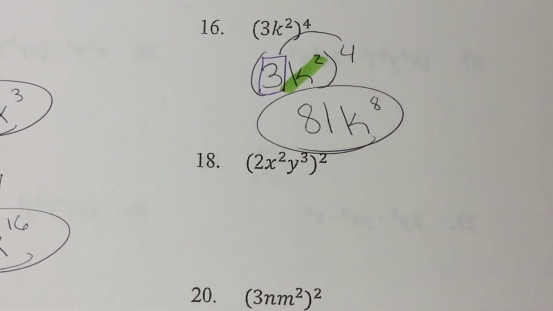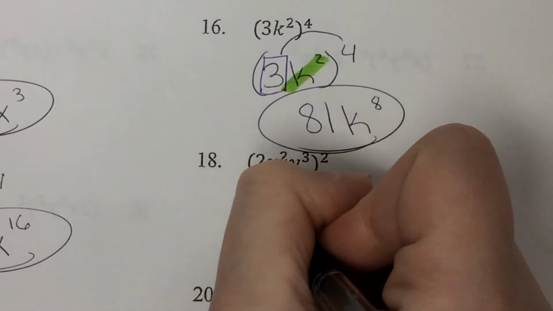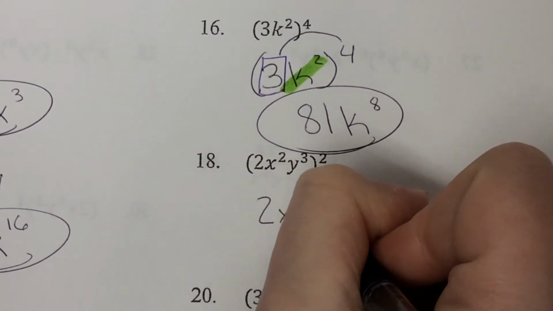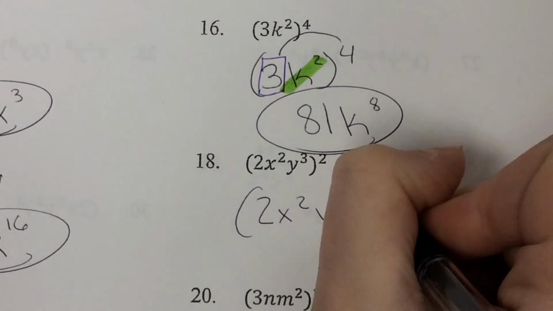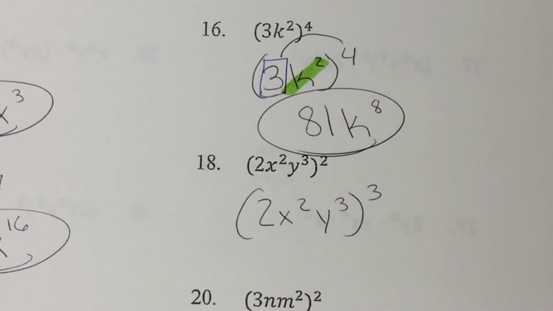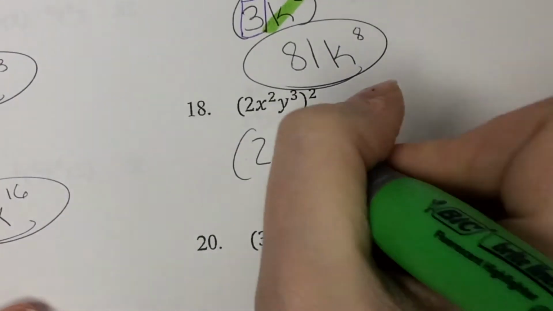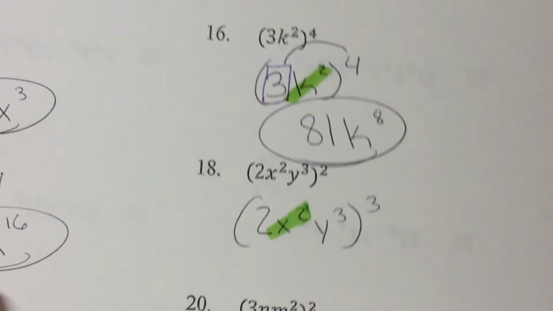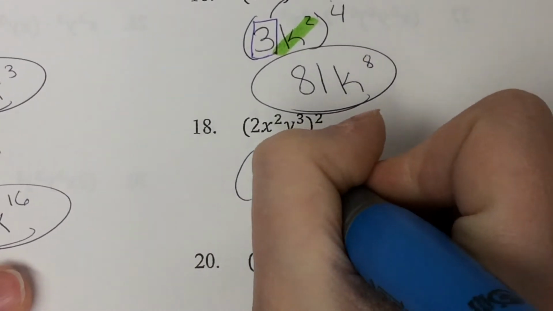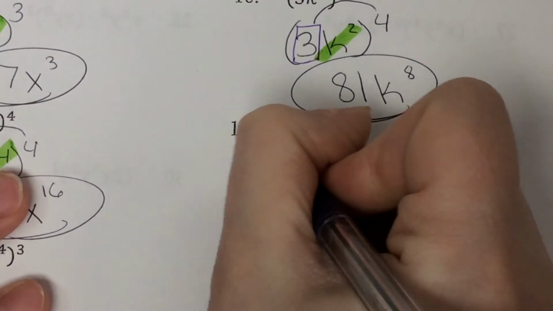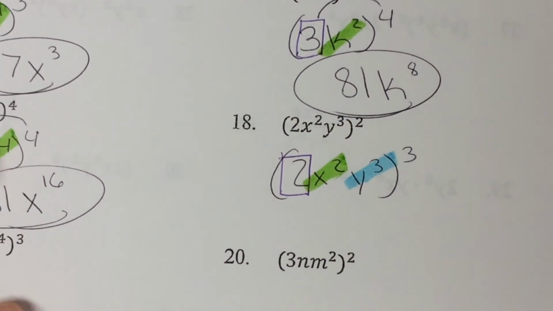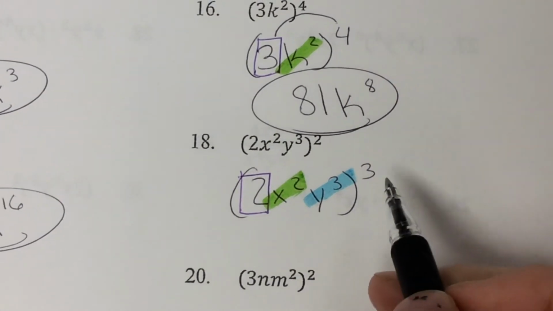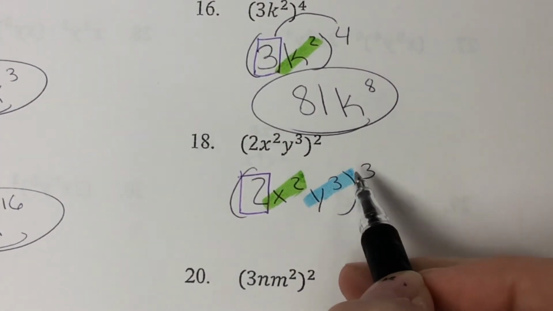All right, 18. Now we're going to get into a little bit more difficult, but not too bad. We have two variables. We have x squared, and we've got y cubed. And I forgot to box my coefficients. Let me do that. All right, so we have to distribute this power of 3 that's on the outside of our parentheses.